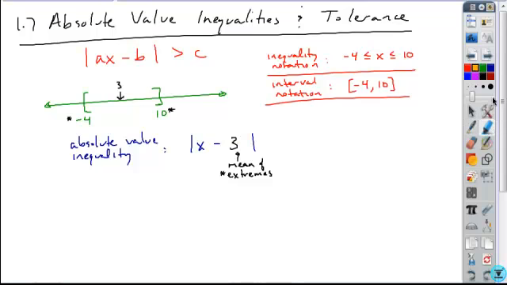Okay, then you're going to have a symbol. So again, what we're looking for is what value goes here, here, and here. Okay, so we found the mean. We can now find the symbol that we're going to use. So in this spot right here is going to be the inequality symbol. And so now it depends on what the graph looks like. So remember, when you're dealing with enclosed or bounded intervals, you're looking at less than or equal to.